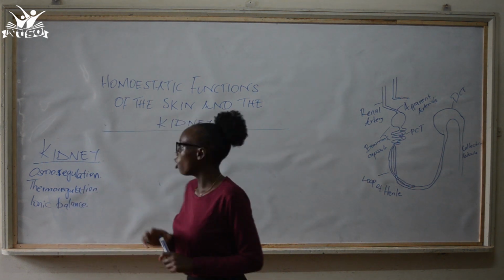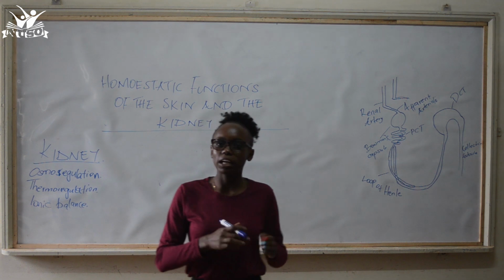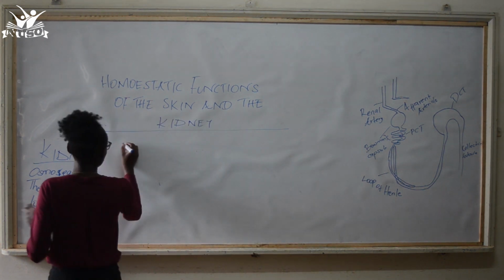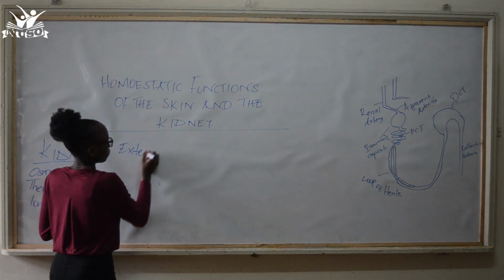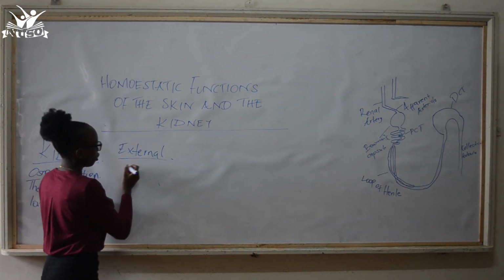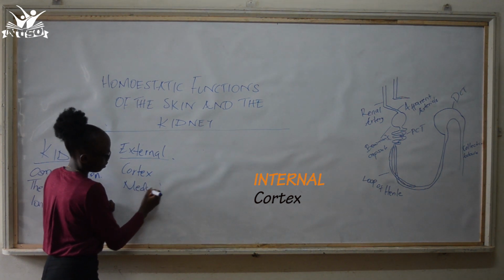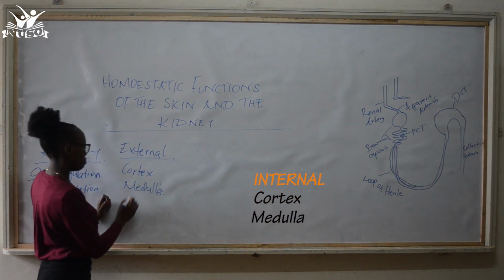Now the kidney also has an external and an internal part. The external part of the kidney contains the cortex, medulla, and the pelvis.